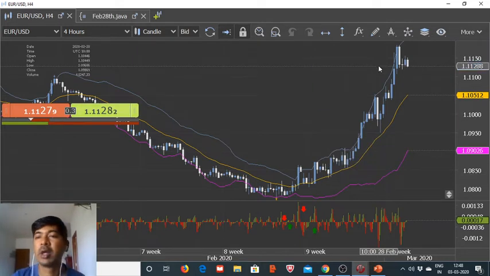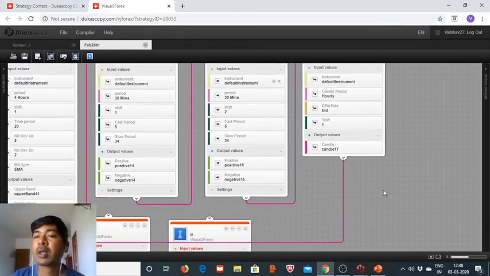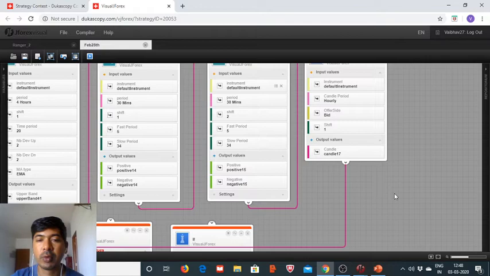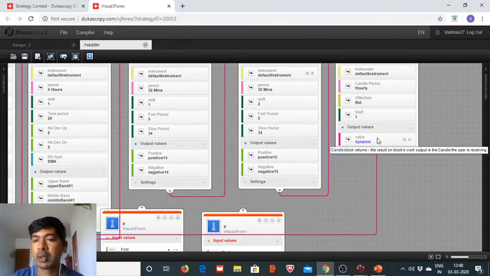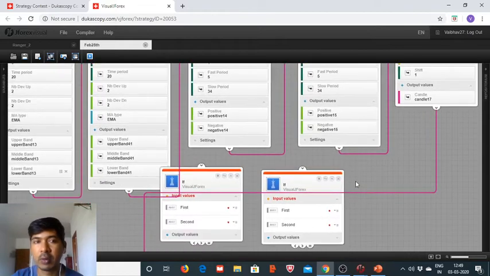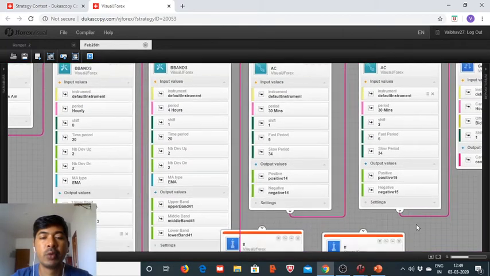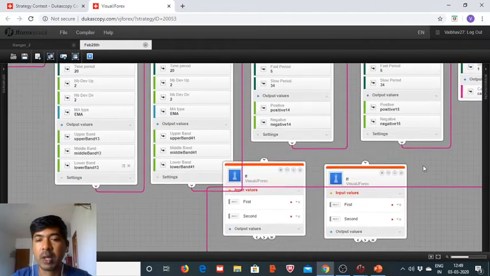Instead of going for a 4 hourly candle, we will not need a fresh historical candle of 4 hours. We can just make do with this candle 17. So we will compare candle 17's close with the middle, upper and lower bands of this new Bollinger Band 41.